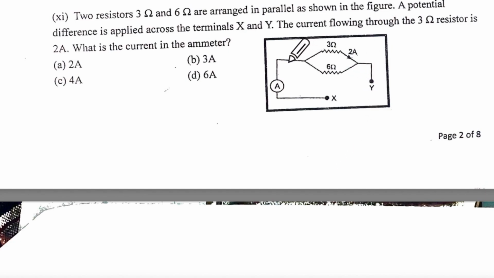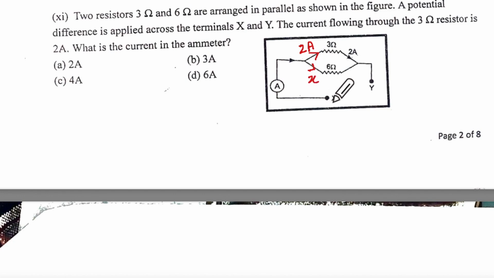Now they are saying that the current is going this way, but in 3 ohm it is 2 ampere, and this one I do not know.